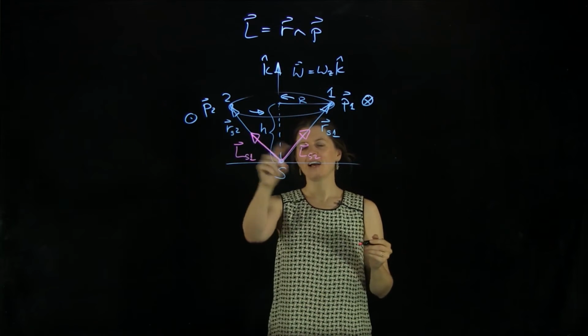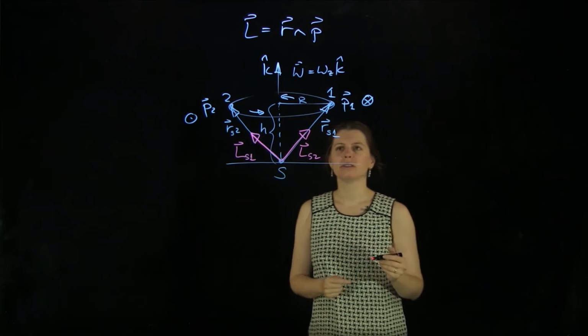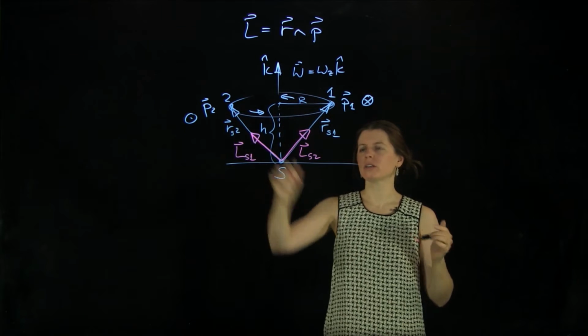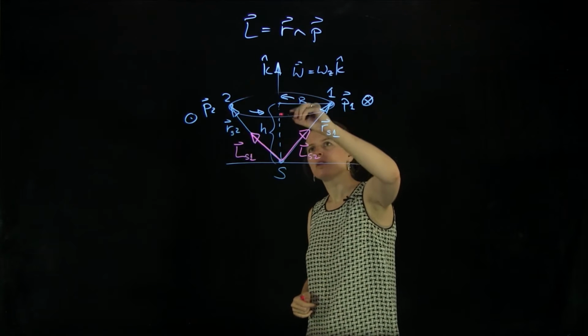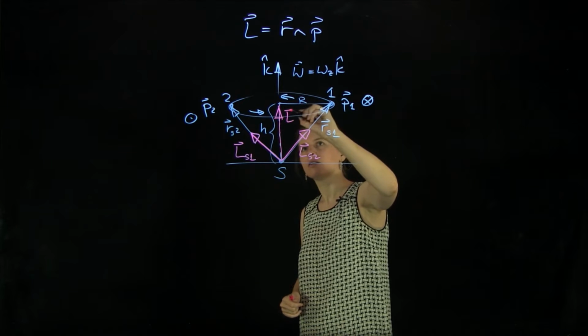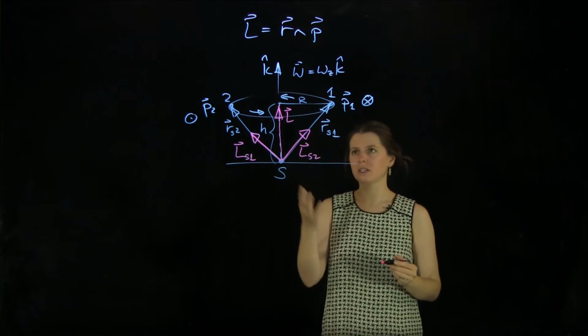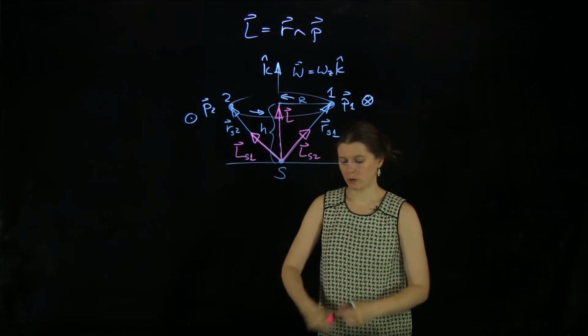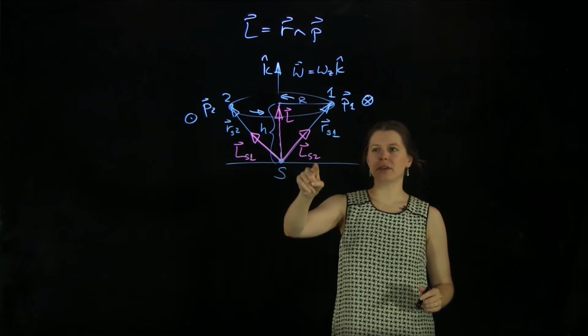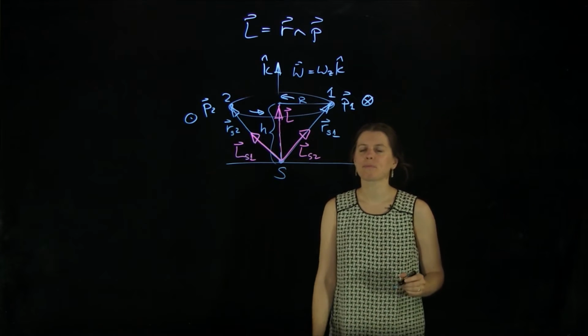If we add these two components, and we do want the total angular momentum of the system of both particles, so we have to add them, we'll get our L of the system. So we need to calculate first LS1 and then LS2, and then add them.